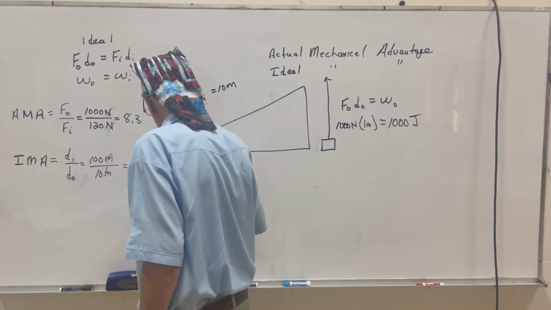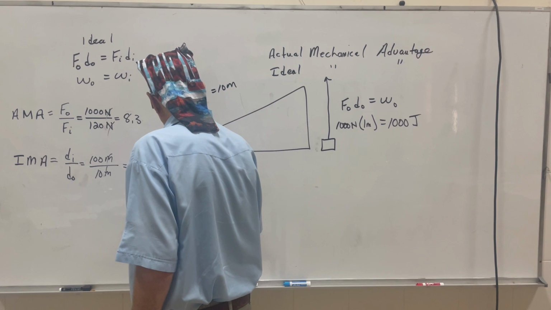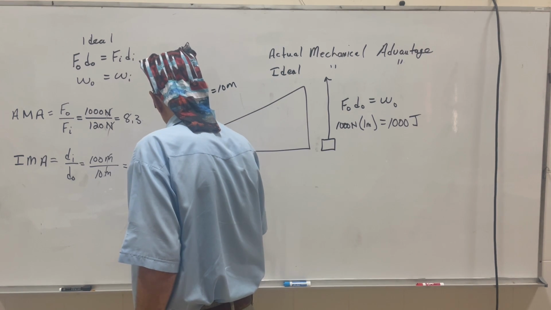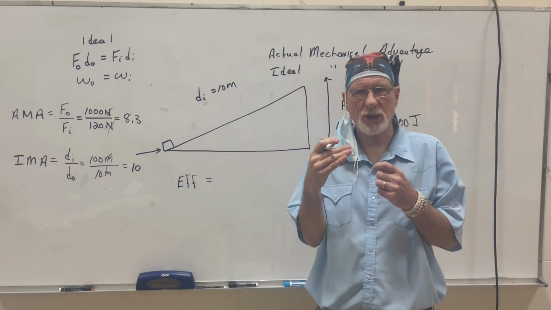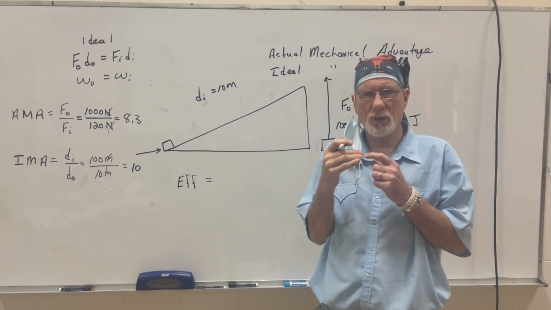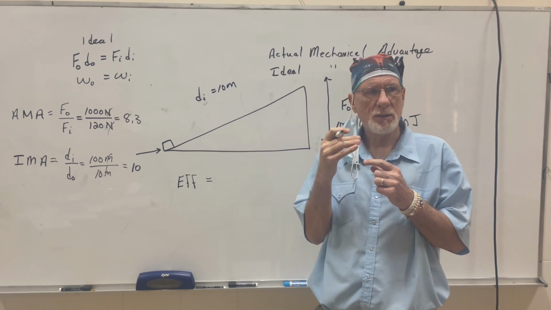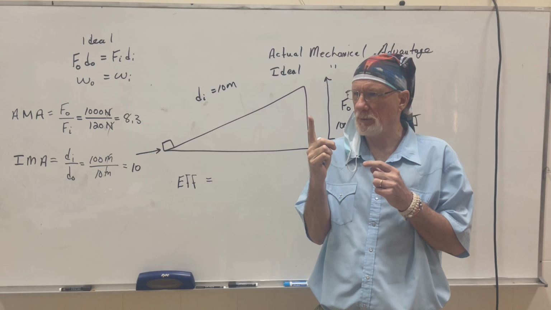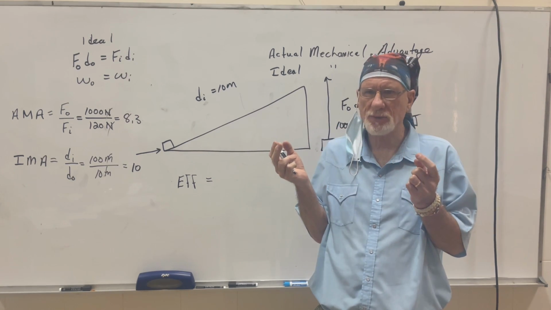So let's not use percentages. Let's say efficiency will equal, remember, efficiency is going to be a smaller number over a larger number, right? It's a decimal. The most efficient would be 1. Percent efficiency would be times 100, so 1 times 100 is 100%.